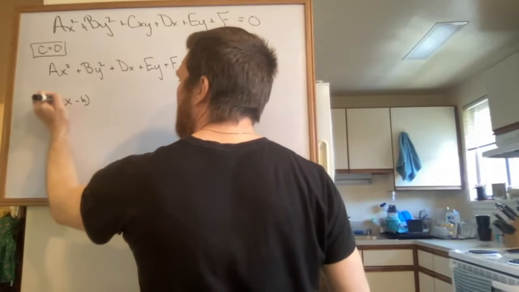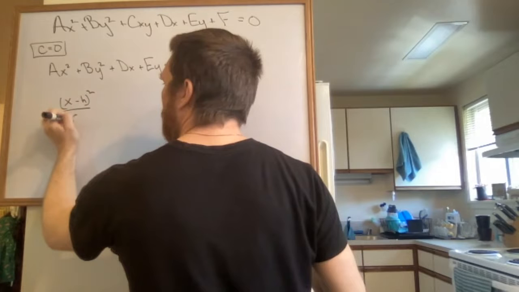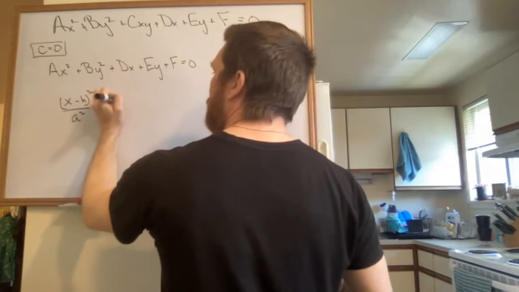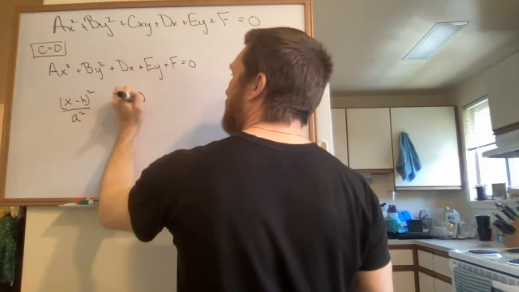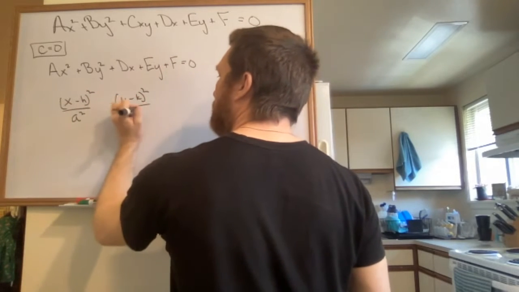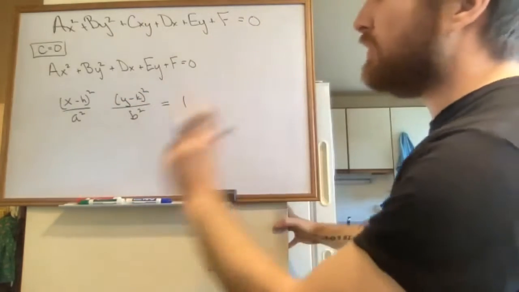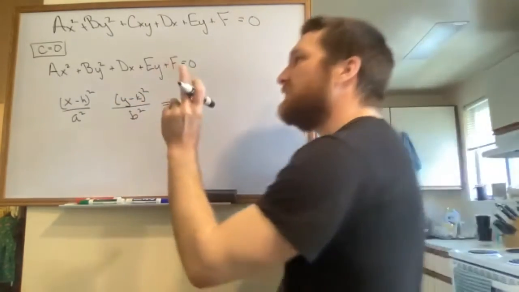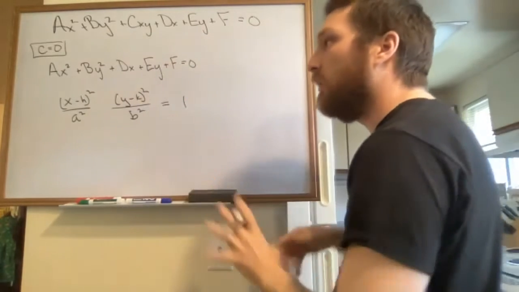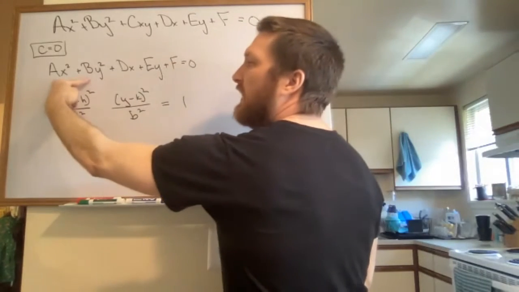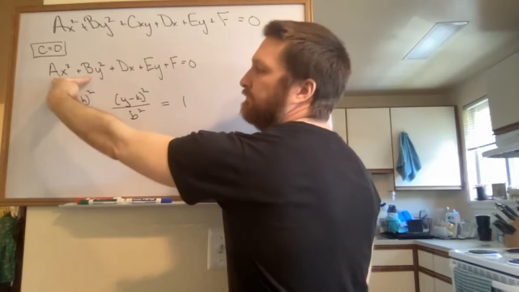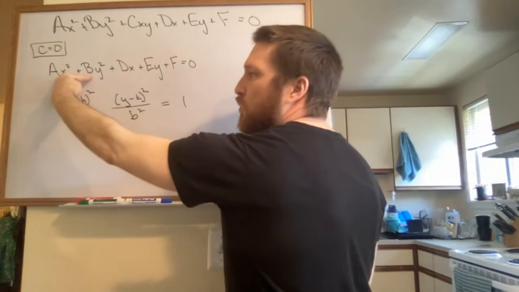(x minus h) squared over a squared, plus (y minus k) squared over b squared, equal to 1. In the case of the ellipse, what we've been doing is that both of these values were positive, the a and the b value.